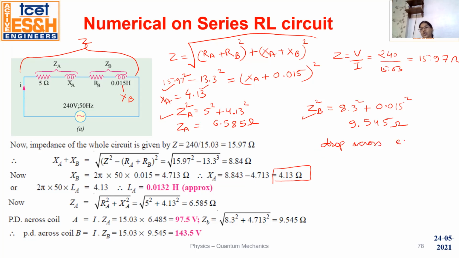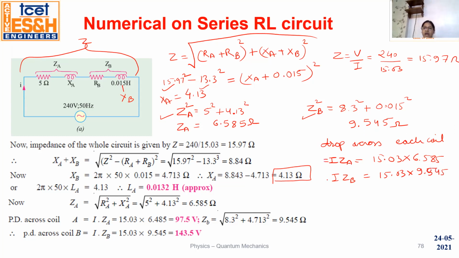The drop across each coil is I into ZA, where I is 15.3, multiplied by ZA, ZA is 6.585, and I into ZB, ZB is 9.545.